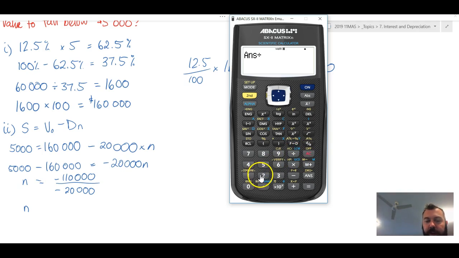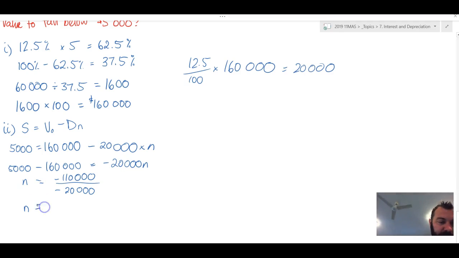Now divide that by negative 20,000. I missed a zero there somewhere. Right, 7.75. 7.75 years.